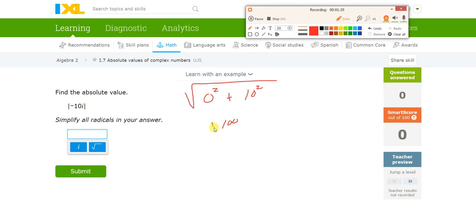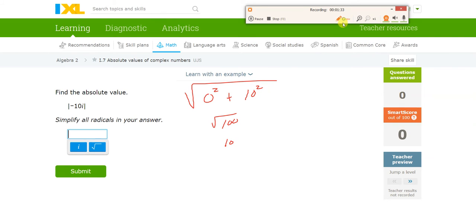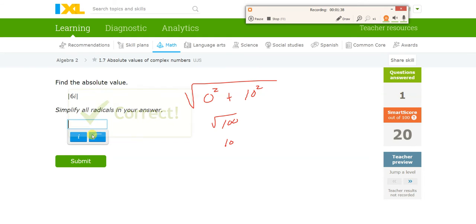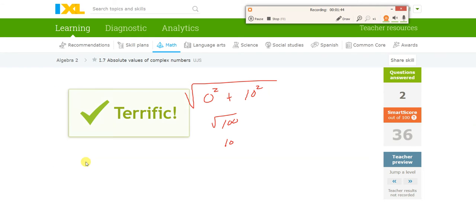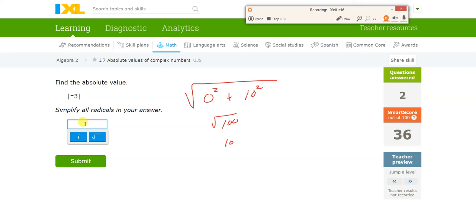So this is the square root of 100, which is 10. Here, it's the same idea, so it's just going to be 6, right? 6 squared, square root of 6 squared. This one is just 3. 3 squared is 9. Square root of that is 3.